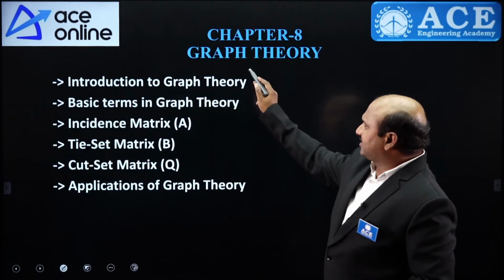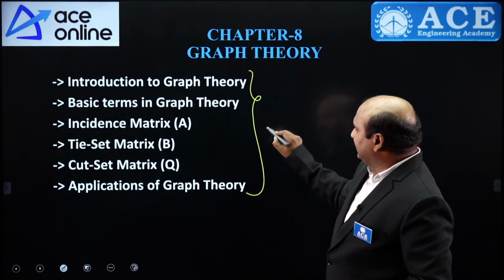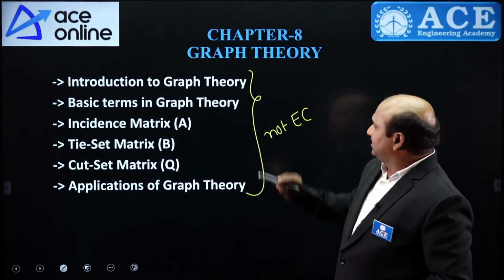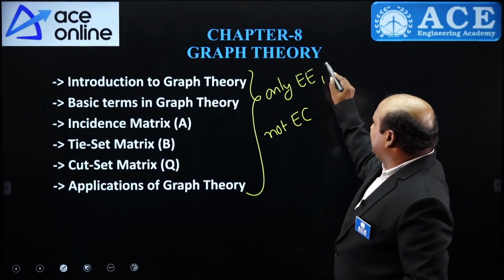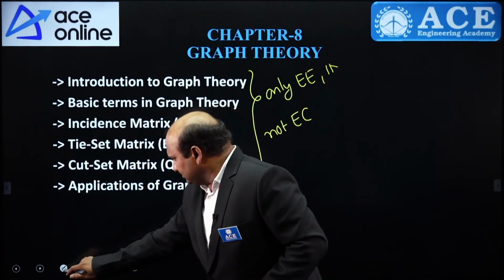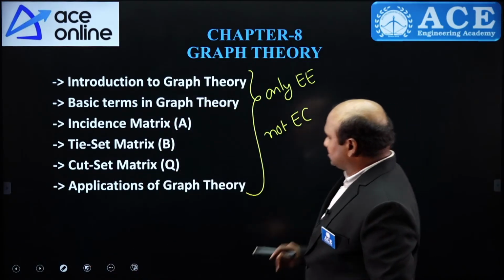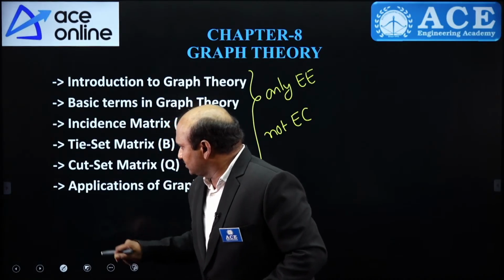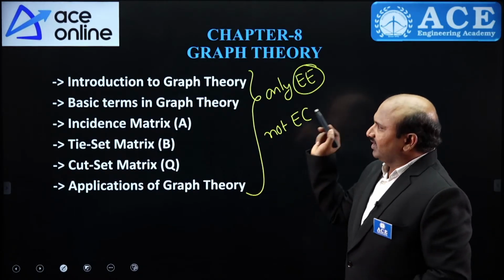Coming to graph theory, EC people, you do not have this; it is not for EC, only for EEE, and sometimes instrumentation. I think instrumentation does not have questions related to this either. Don't bother about this, only electrical people.